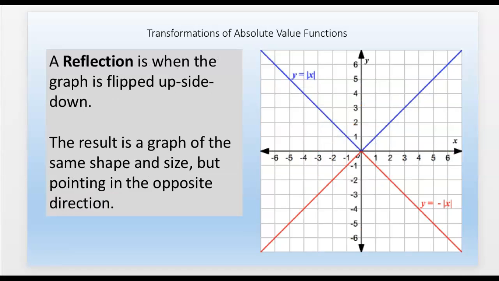A reflection, on the other hand, is when the graph is flipped upside down. The result is a graph of the same shape and size but pointed in the opposite direction. A reflection is where we put the negative in front of the absolute value, so the final answer is always negative. That's the upside down V.